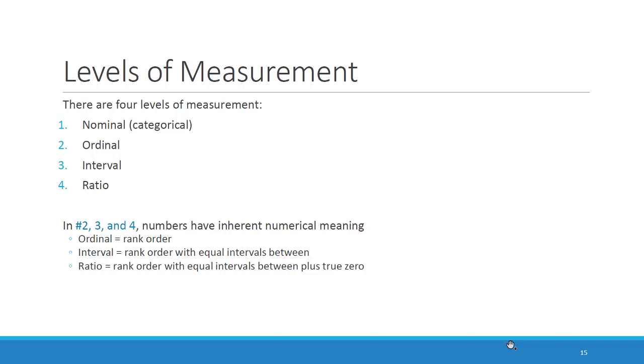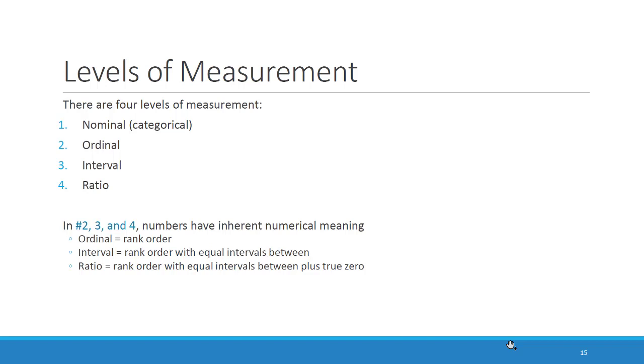In your statistics class, you probably learned about levels of measurement, and you learned that there are 4 levels of measurement. The first is nominal or categorical, which we just went over. The second is ordinal, the third is interval, the fourth is ratio. For ordinal, interval, and ratio data, the numbers do have some inherent numerical meaning, right?